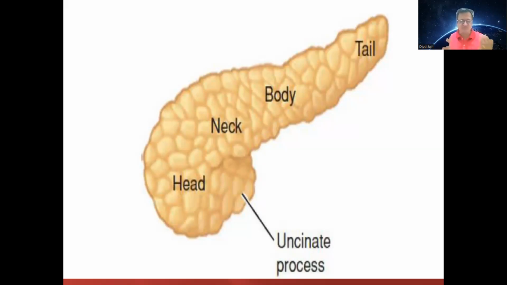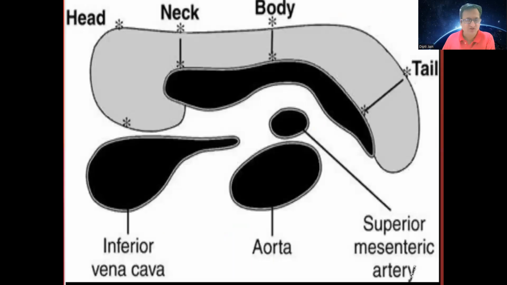Because it's draped over the spine, the body is anterior most, head and tail are slightly posterior.